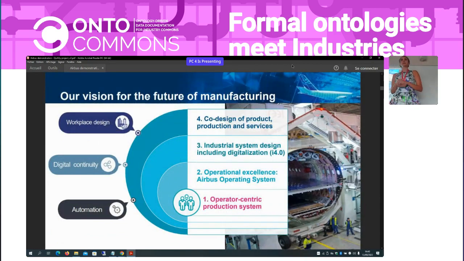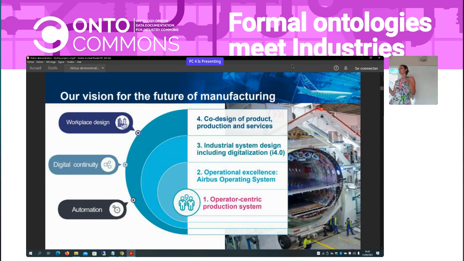So first of all, what is Airbus' vision of the future of manufacturing? We're aiming at four different pillars. The first one is operator-centric. In the production system, we're trying to focus on where the value is created. Right now the aerospace industry is still very much based on operators, with low automation because of different constraints of the industry.